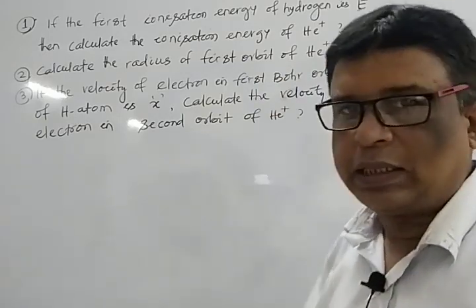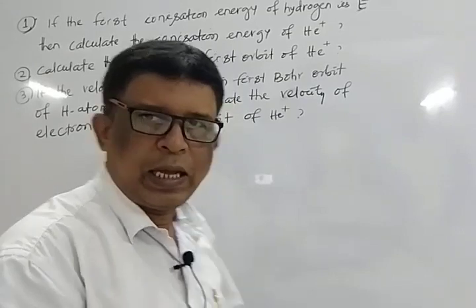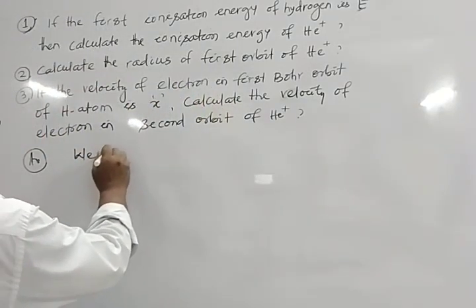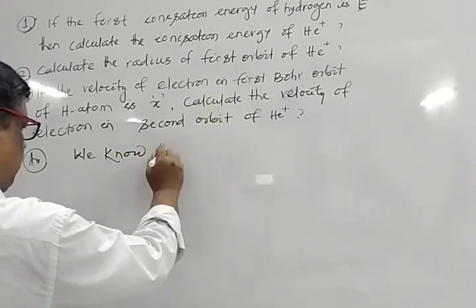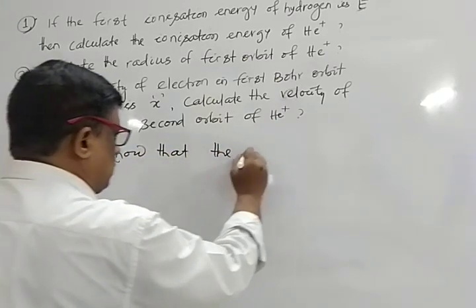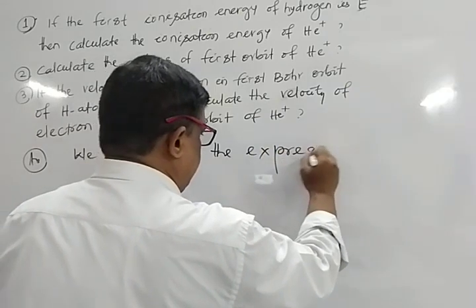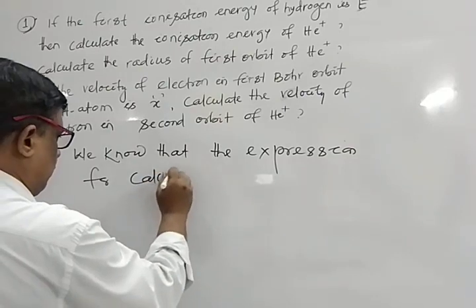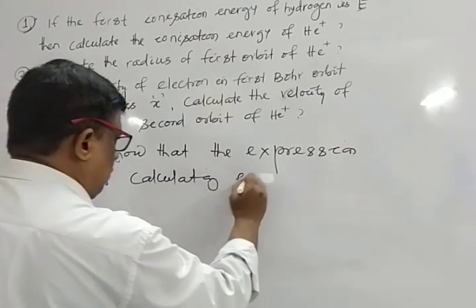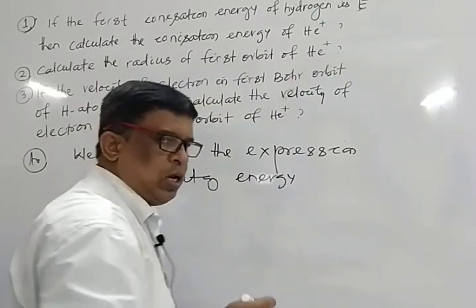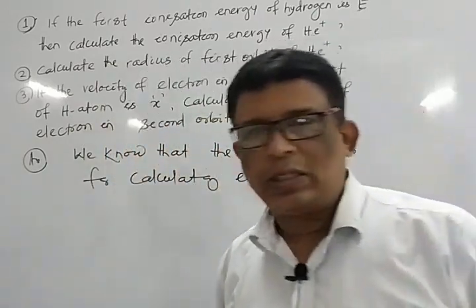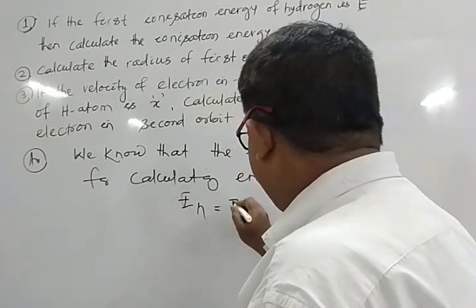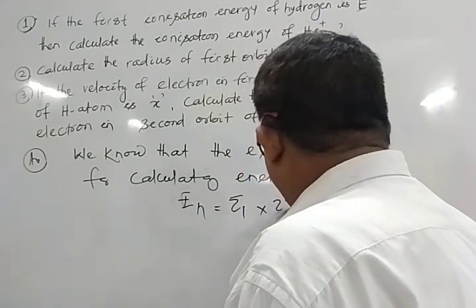We know that. Mark the answer. We know that the expression for calculating energy, that is En is equal to E1 into Z square by N square.